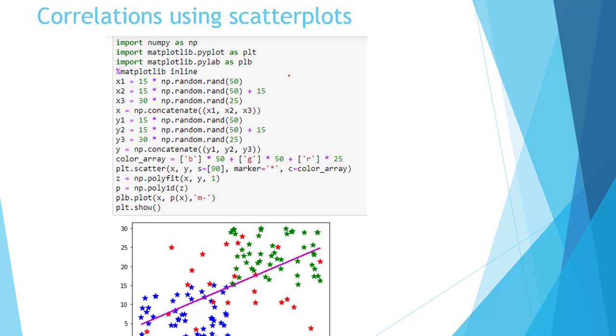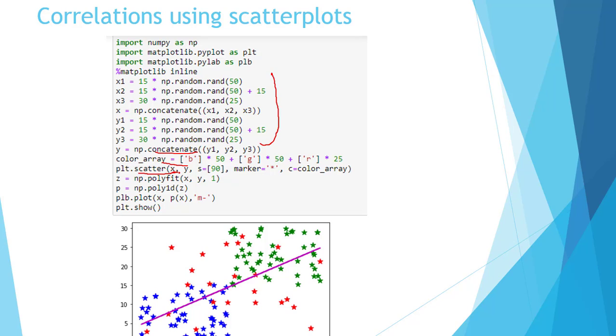As we have seen in the previous example, we generated random data using the np.random.rand function, and after that concatenated the data and also specified the color array for all three data sets, that is x1, y1, x2, y2 and x3, y3. After that, we called the scatter function.